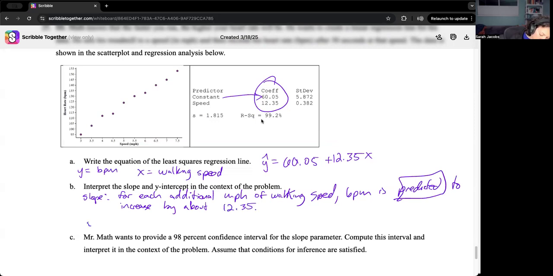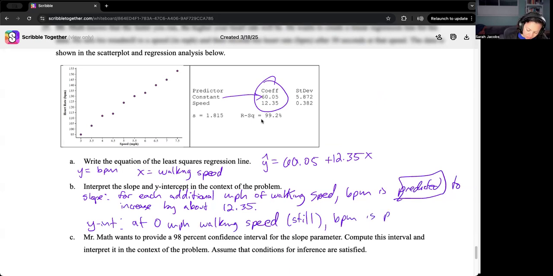Boom, slope. Y-intercept does have meaning in context, so at 0 mph walking speed, so basically you're still, BPM is predicted, again, to be 60.05.